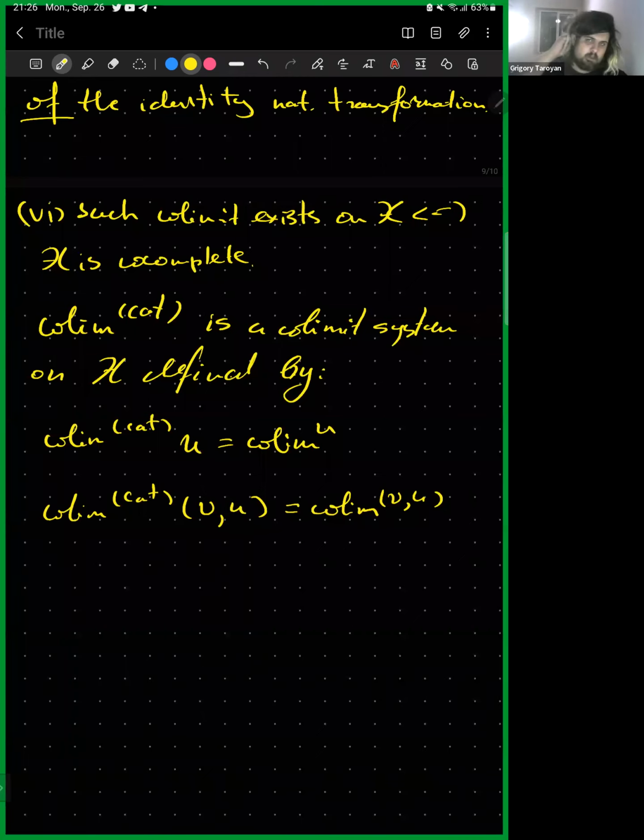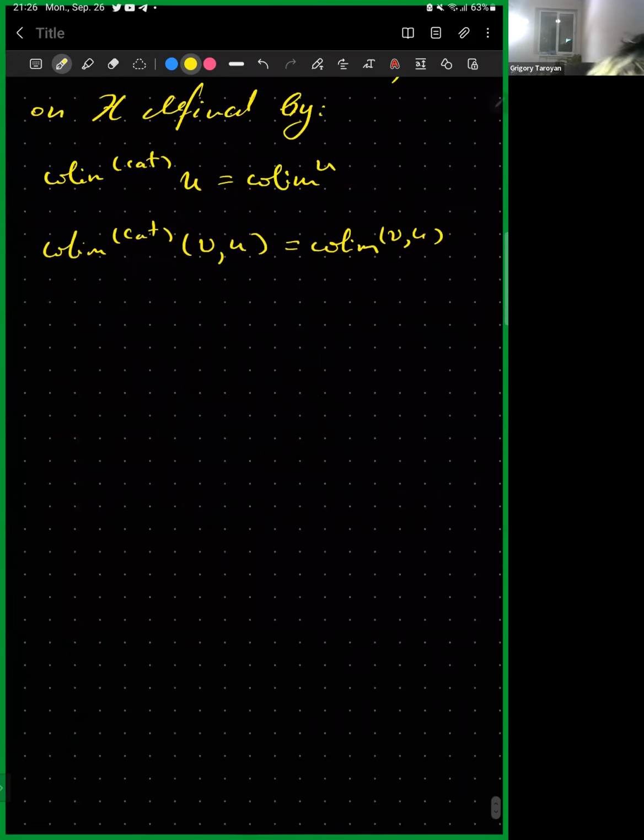Okay, so now we discussed all the preliminaries, and now we can discuss the notion of homotopical completeness and cocompleteness, which are constructed in parallel to the usual notions of completeness and cocompleteness. So let me start by discussing homotopy colimit and limit functors.